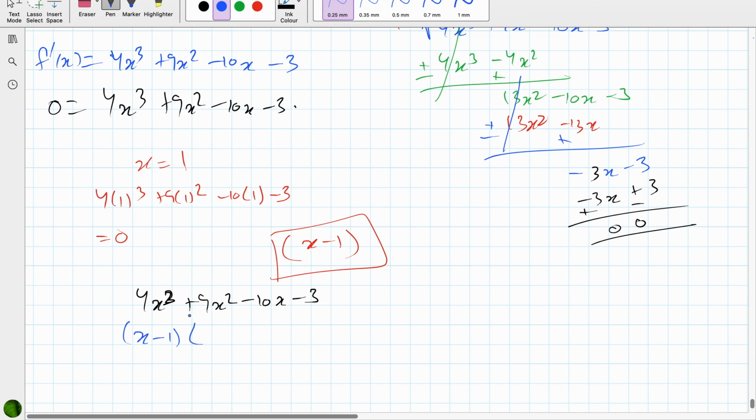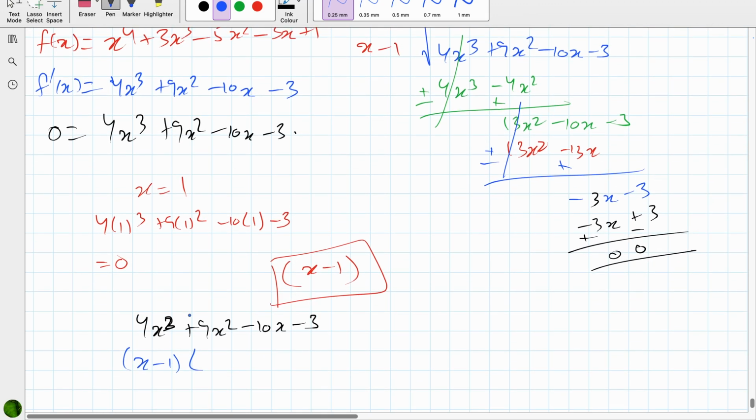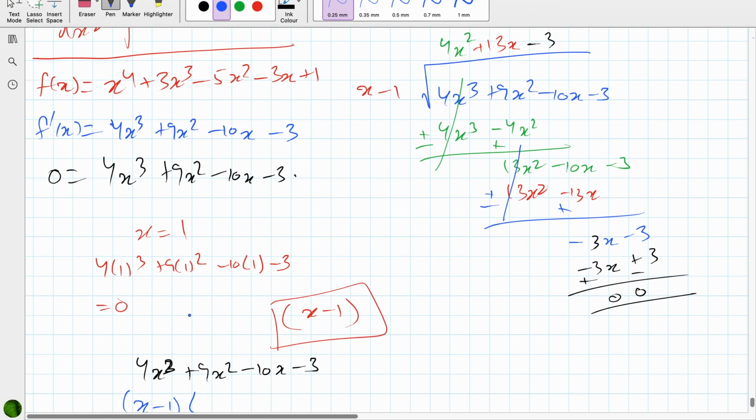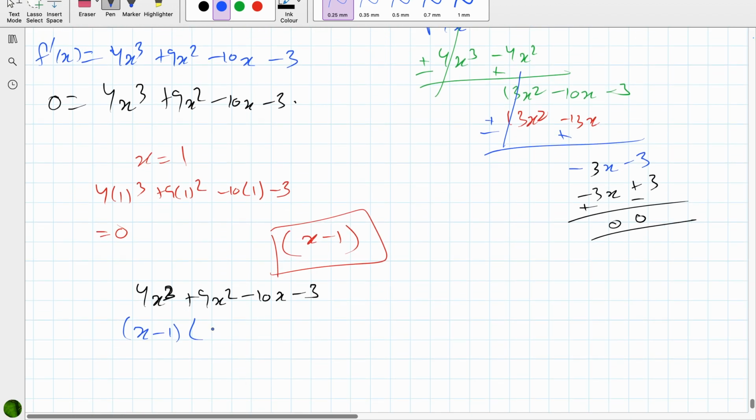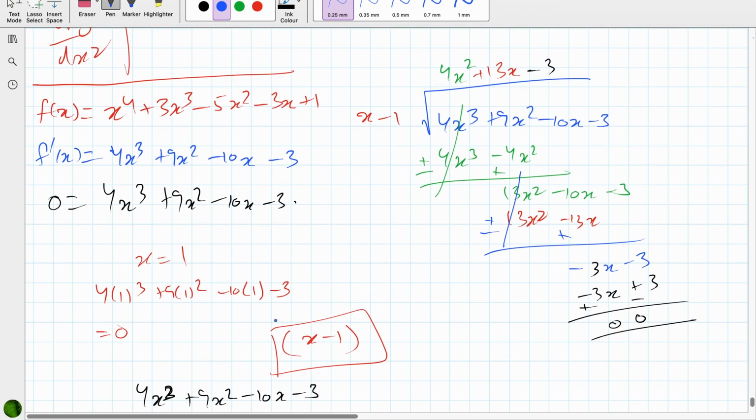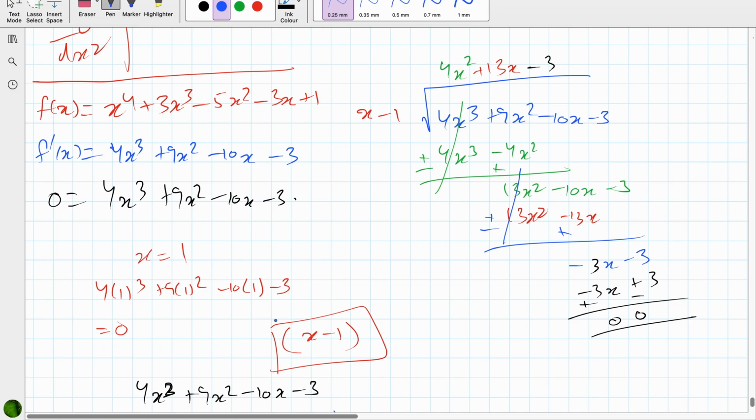X minus 1 into 4x square plus 13x minus 3. Yes. Now that's not negative, that's positive.